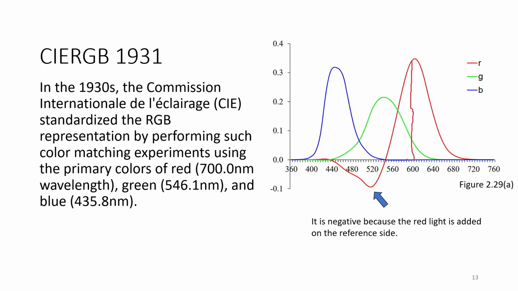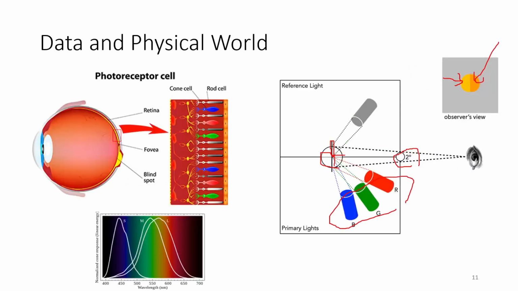It means you can combine red and green to generate that color. However, if you want to generate a color of 480 nanometers, you will use green and blue on this side, but you need to move the light of the red primary color to the other side to add to it.